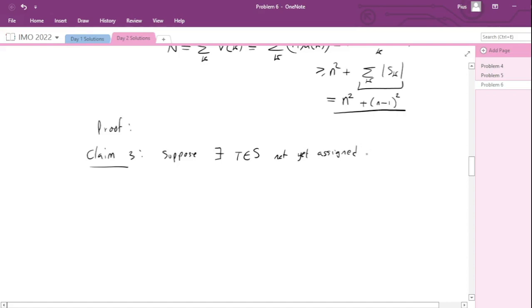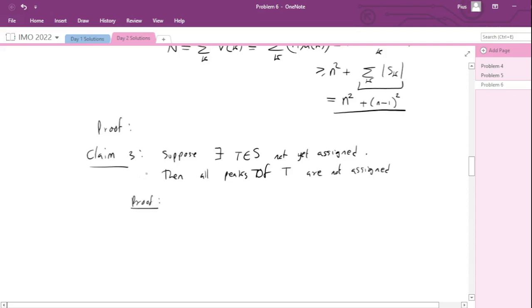Then we must have that all peaks of T must have a peak. It could have 1, it could have 2, that all peaks of T are also not assigned. So that means we don't have such an SK for those peaks. Okay, so how do we prove this?